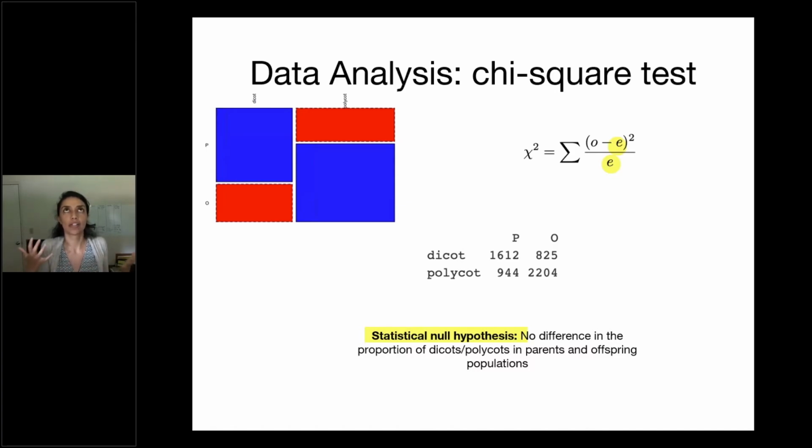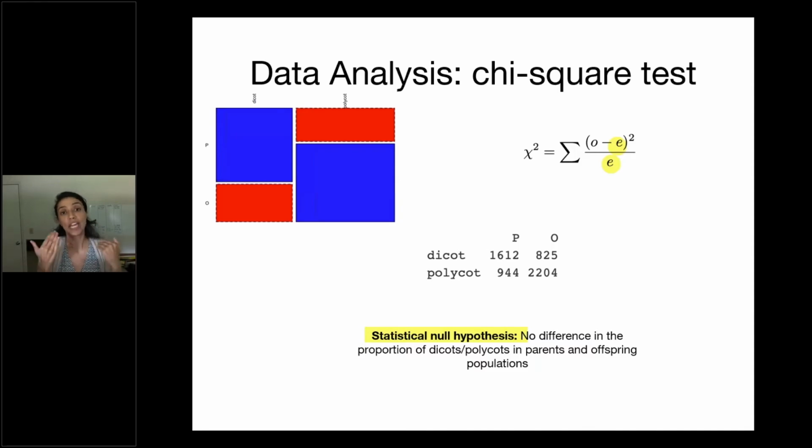The expected values are connected to our null hypothesis. So to know where the expected values are coming from, I have to think, what is my null hypothesis? And in this case, the null hypothesis means that there is no difference in proportions between dicots and polycots in the parents and offspring populations. Because, like I said, the null hypothesis is usually that there is no signal.